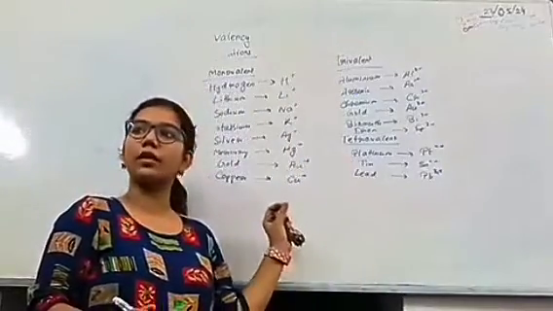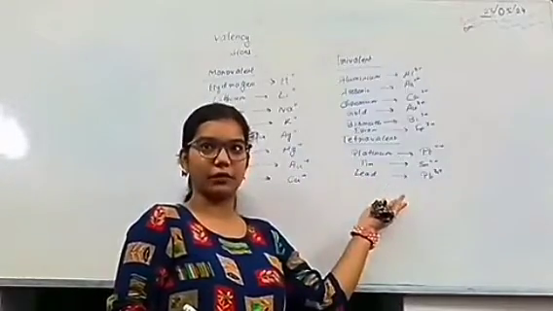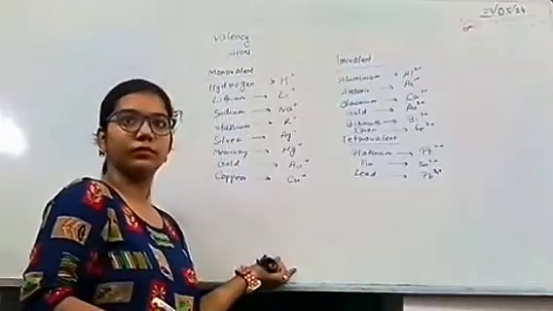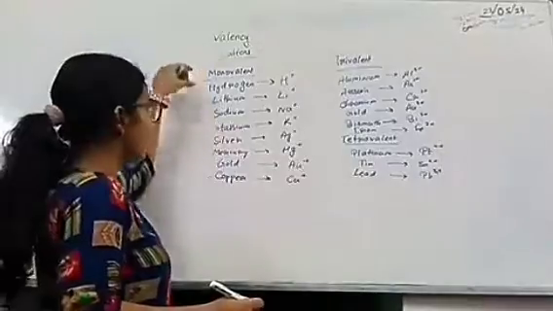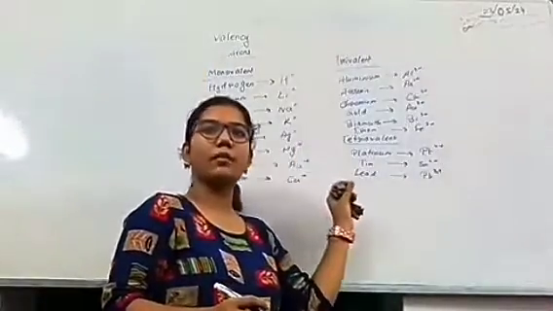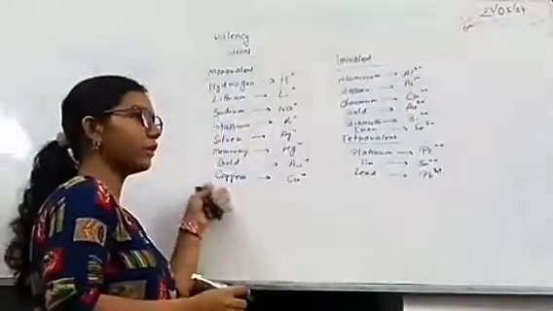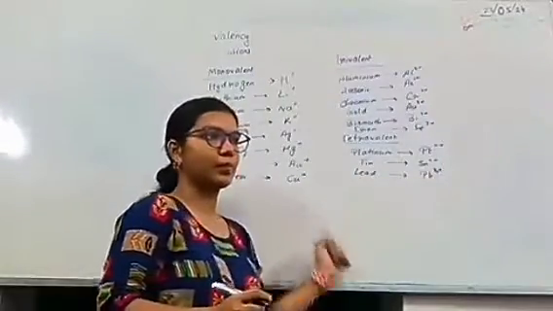Otherwise, it will always be plus 2. So you don't have to worry about lead for this; it will be mentioned. So is it PbO2 in that case? Yes. So you only have to learn these, and the rest are all bivalent. So you don't have to worry about bivalent ones. In this way, you will learn the valency as well.